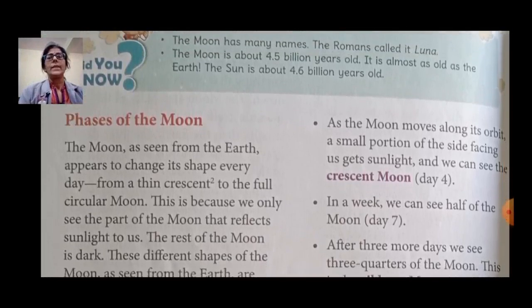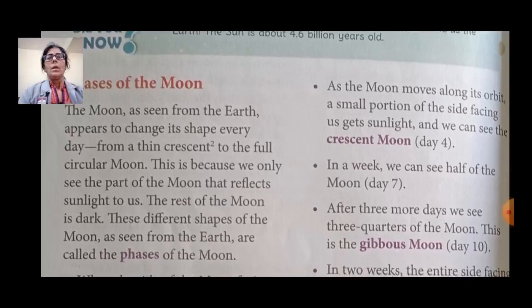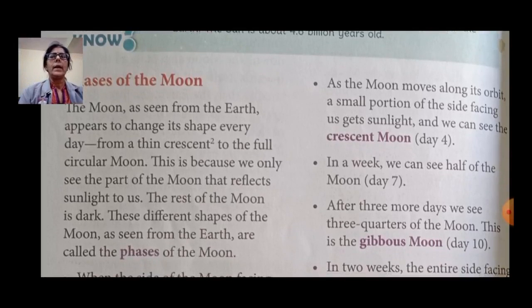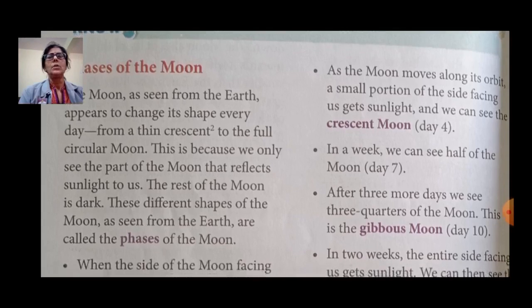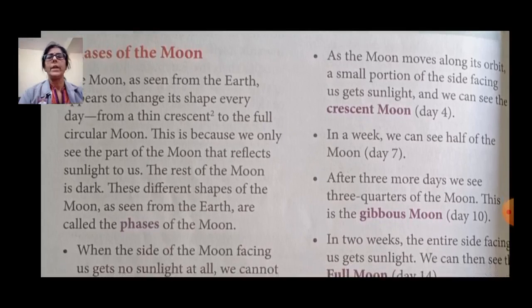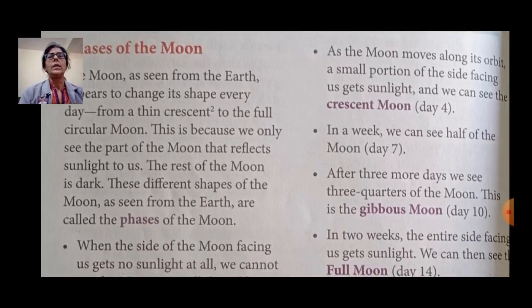Now, phases of the moon. See children, you all are aware that the moon changes its shape, right? The moon as seen from the earth appears to change its shape every day from a thin crescent. Now what is a crescent?